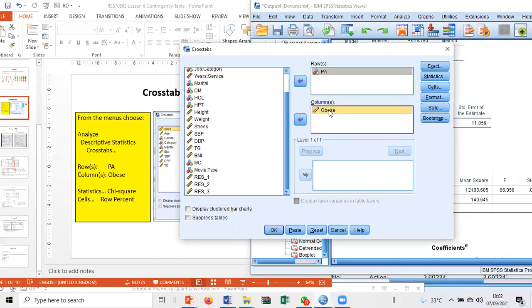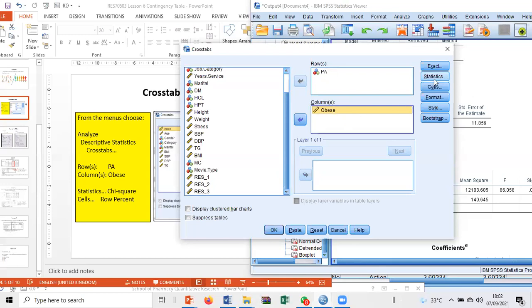Are they obese because of lack of physical activity, or lack physical activity because of being obese? Lack of physical activity. Okay, normally that's how we decide, but not necessarily. It can be the other way around. It can be column or row. Normally what came first, you put in the row. Because of that, obese goes in the column.